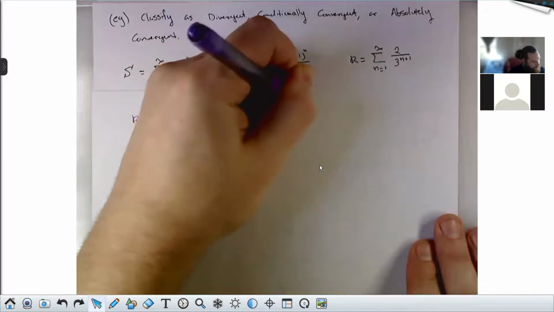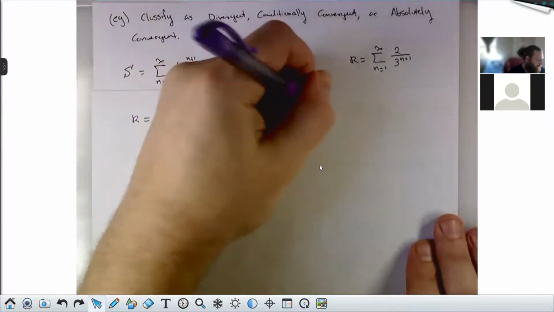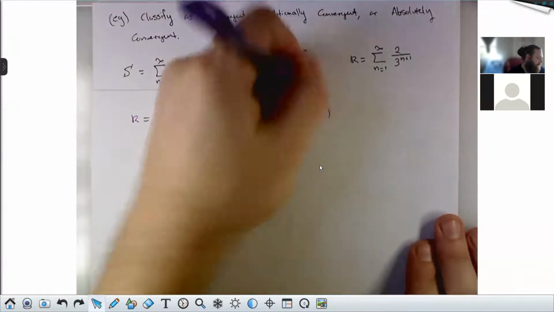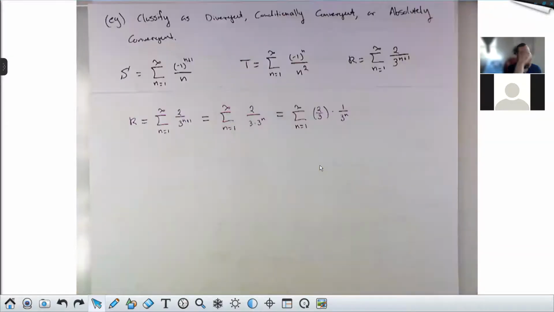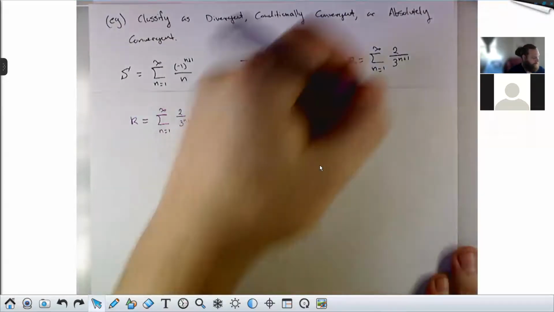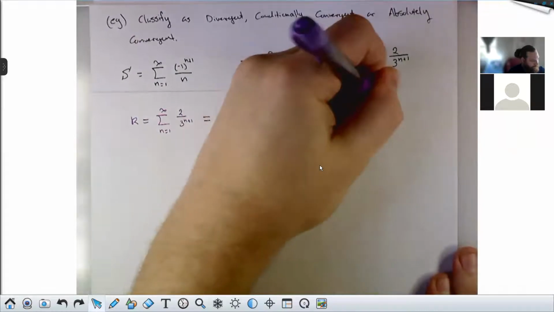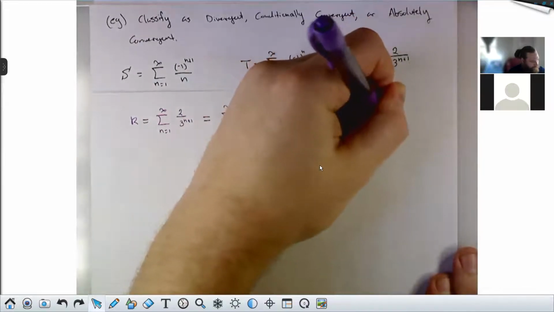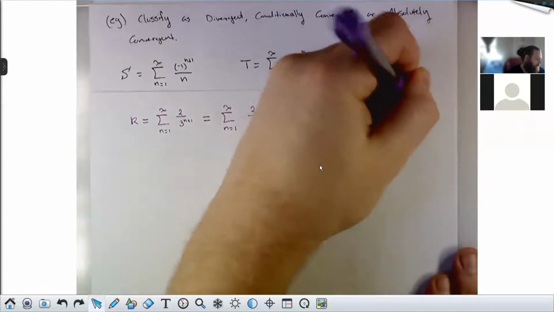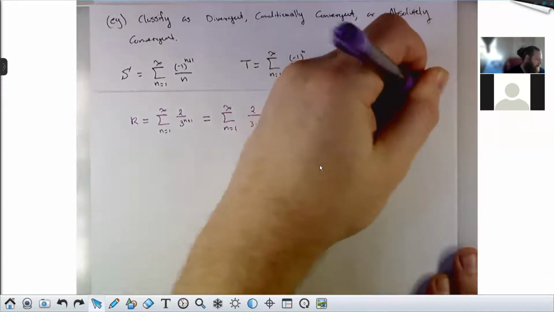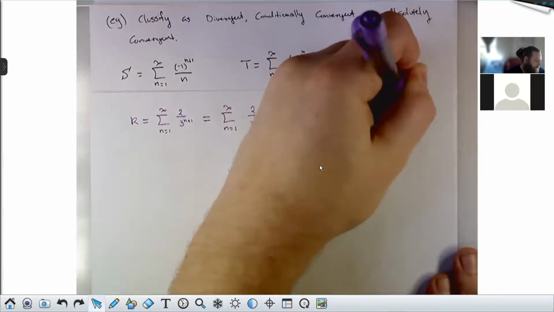And that's the same as the sum from n equals 1 to infinity of 2/3 times 1 over 3 to the n, which is the same as the sum from n equals 1 to infinity of 2/3 times (1/3) to the n.